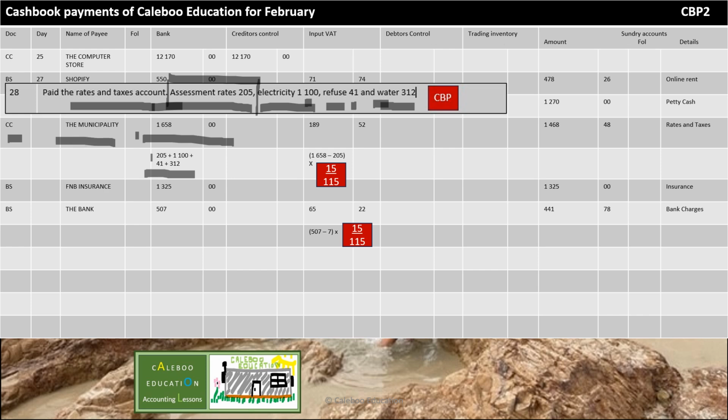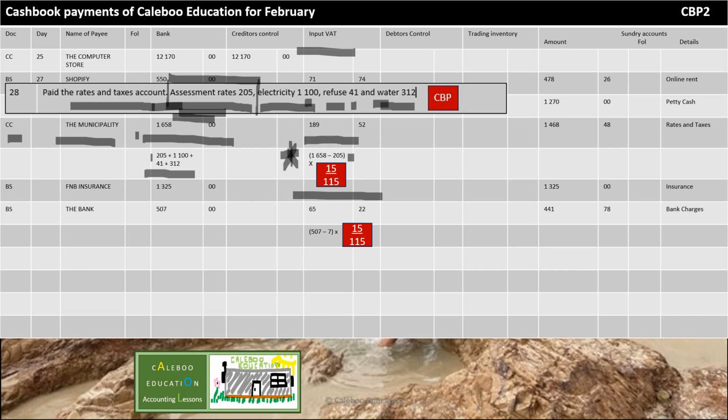Who was the check made out to? The municipality. Now the input VAT amount is the total 1658 less that 205, which is the assessment rate, multiplied by the VAT fraction. So we take off the assessment rates amount because there's 0 VAT on assessment rates.